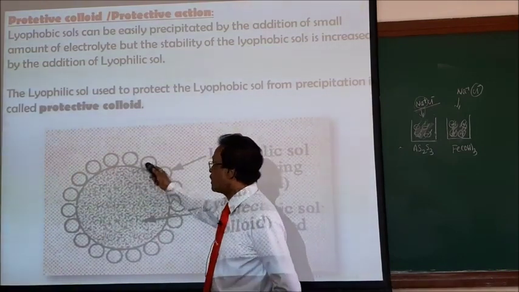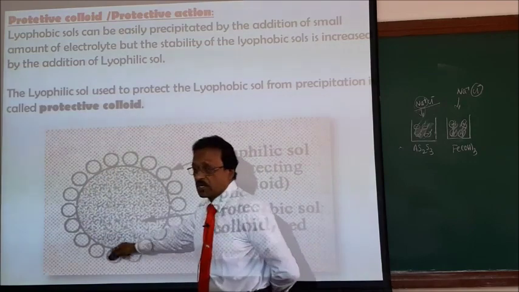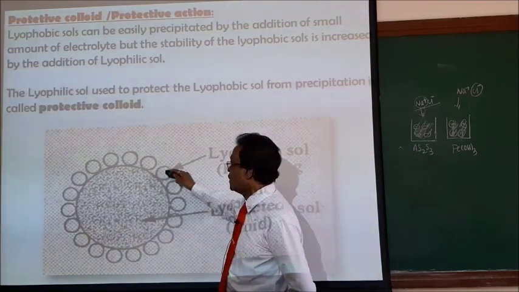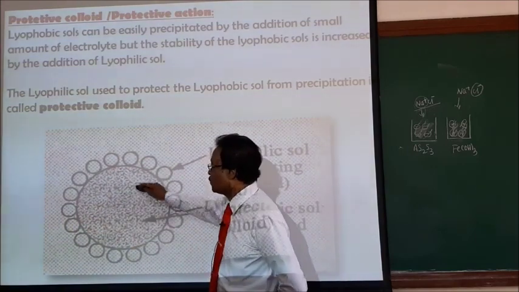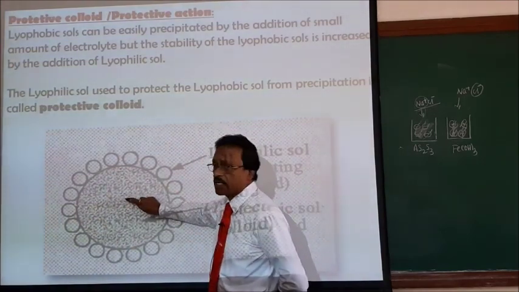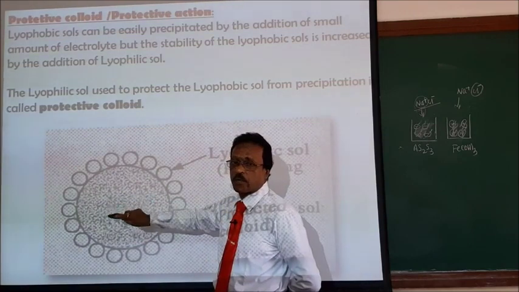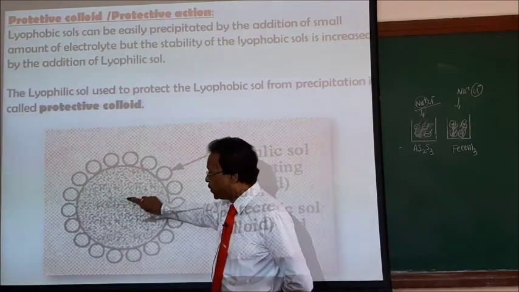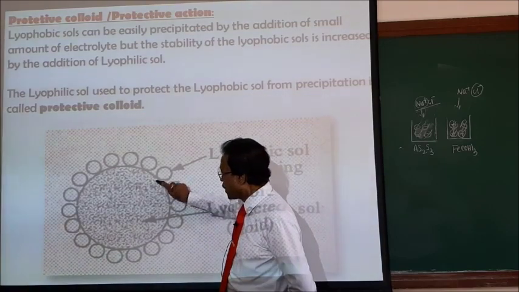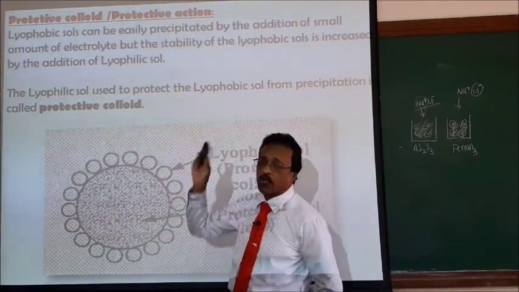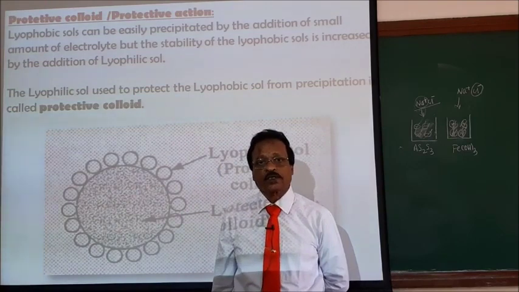I will put in a small amount of lyophilic colloid, like glue, gum, starch, or gelatin. This lyophilic colloid forms a protective layer around the lyophobic colloid particle, and the particle is protected from precipitation. Thereby, lyophobic also becomes more stable. The lyophilic colloid that protects the lyophobic colloid is called the protective colloid, and this is called the protective action.